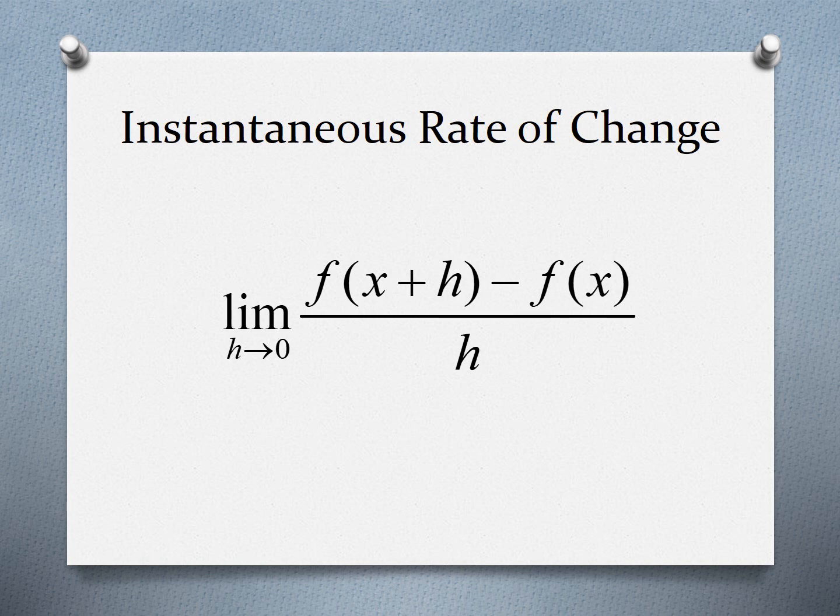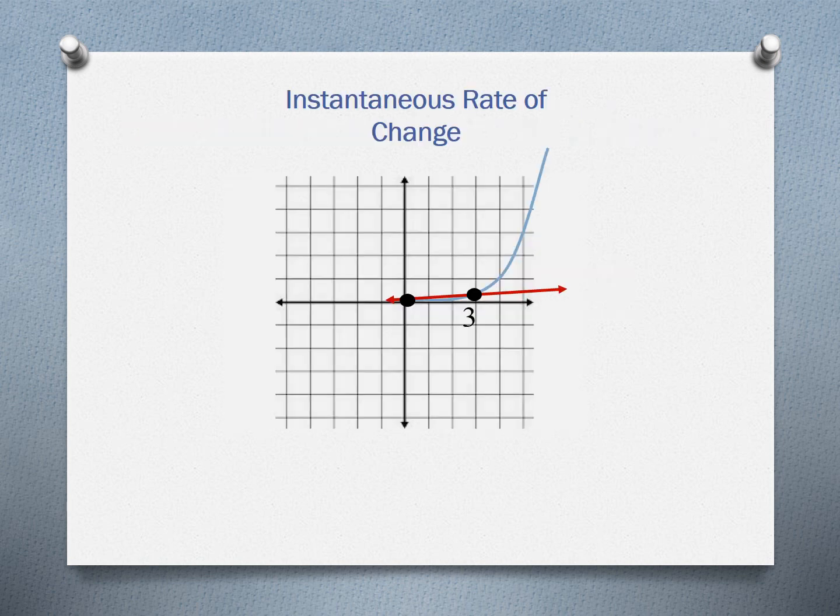Again, we have the limit as h approaches 0 of f of quantity x plus h minus f of x divided by h. We're still getting the change in y in our numerator, but something's slightly amiss here. We really need to know what's happening with that h. What is that? So let's look at that graphically for a second.